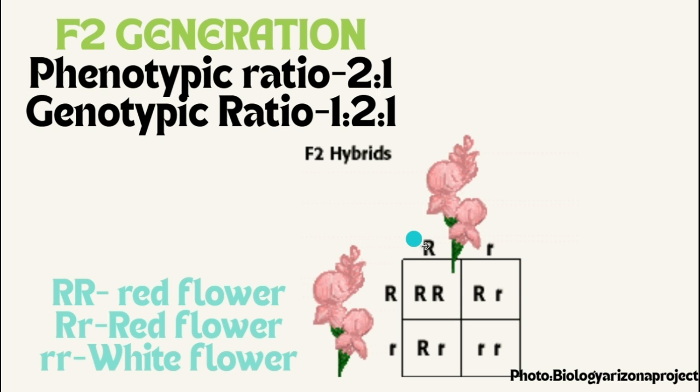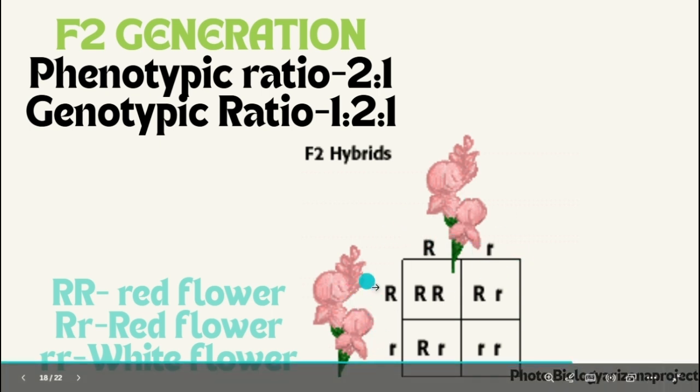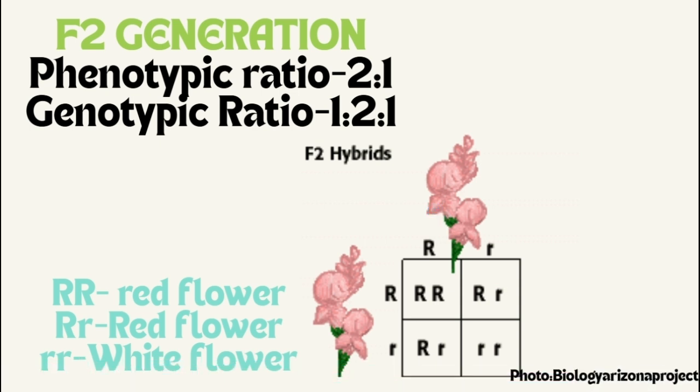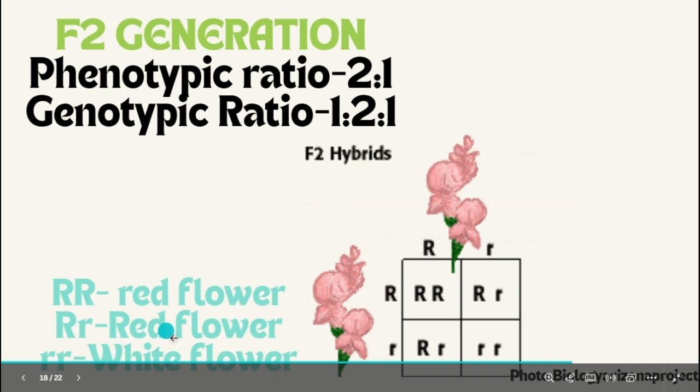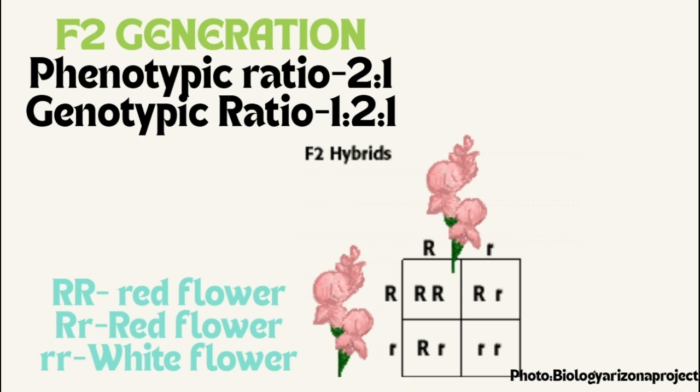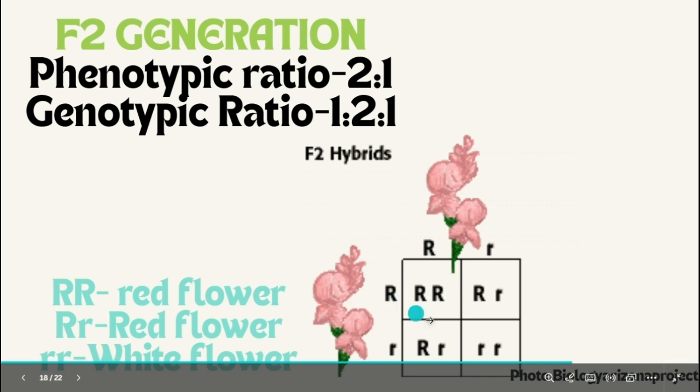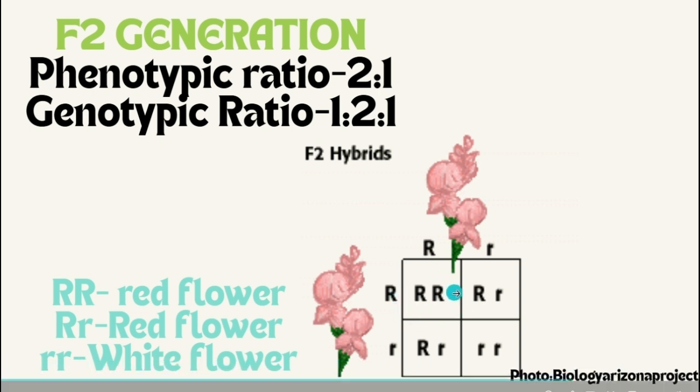Just draw four boxes, and then you put the alleles big R, little r, big R, little r, because it is a heterozygous crossing with a heterozygous. We know that both heterozygous code for red flowers. So now we're going to cross two flowers that look very red, and the first child, this first 25%, is going to be red flowers.